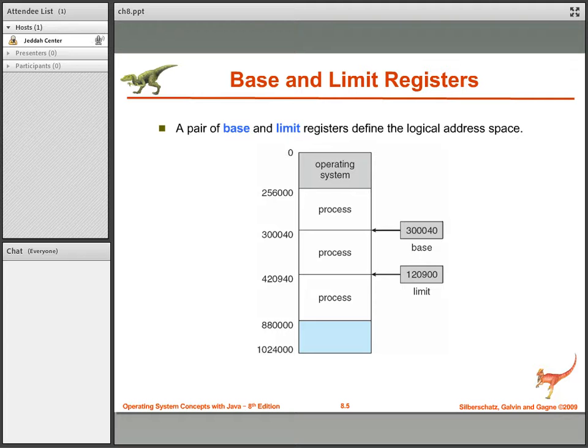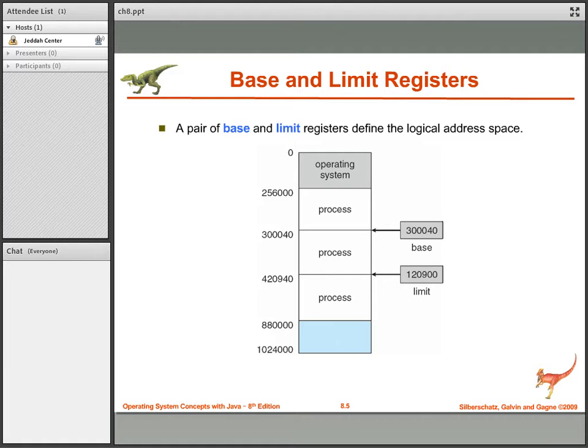You can see on the left a list of addresses showing the starting and the ending address of each process.